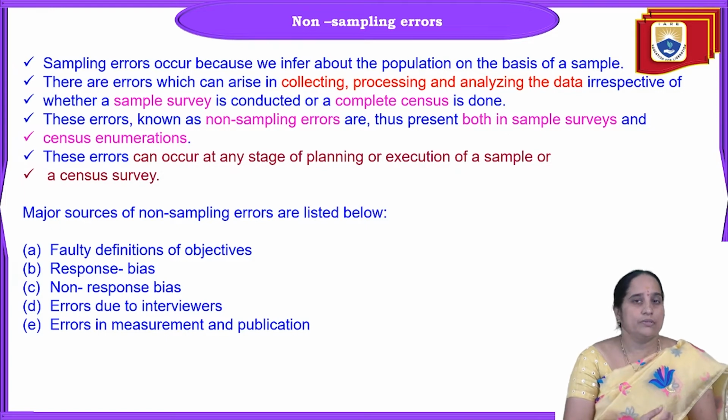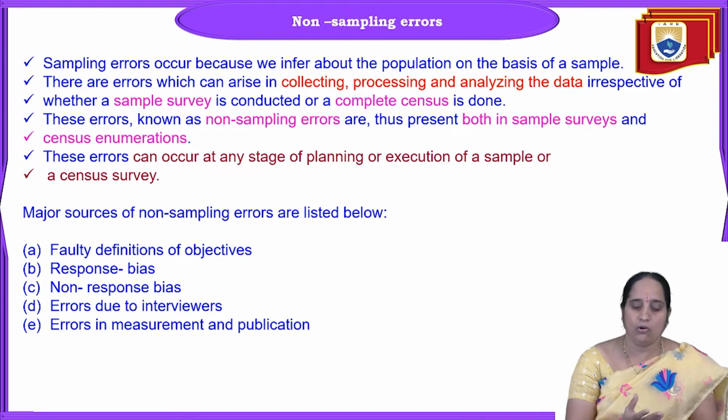These errors are known as non-sampling errors, and they are present both in sample surveys and census enumerations. They are not restricted to samples alone, but also arise in the case of the total population.